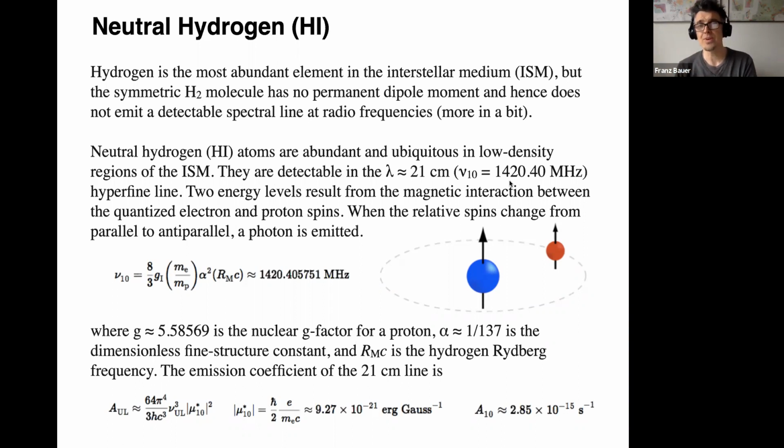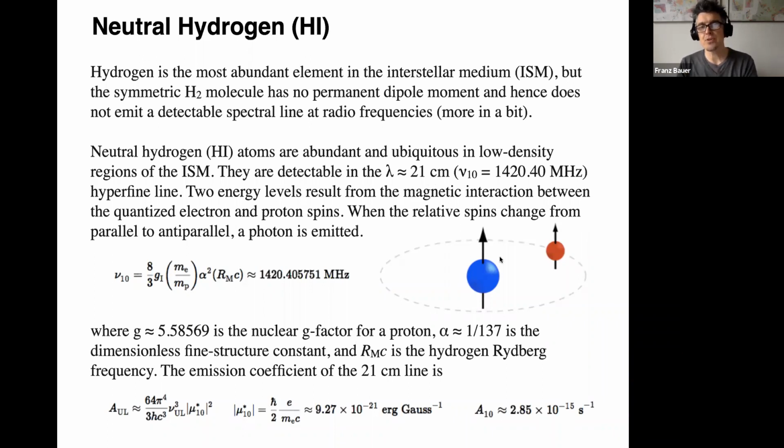This is often why you have radio bands around 1.4 gigahertz, because that's a key band to optimize for galactic surveys or nearby galaxies to survey HI. That occurs at 21 centimeters in wavelength.